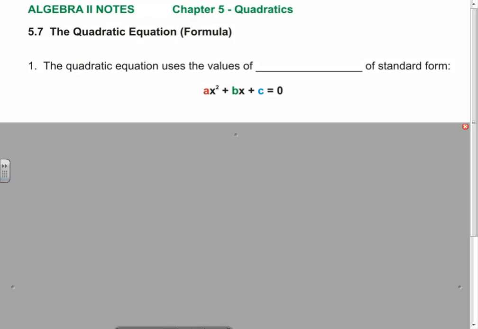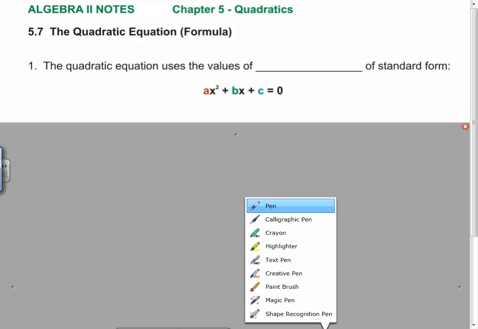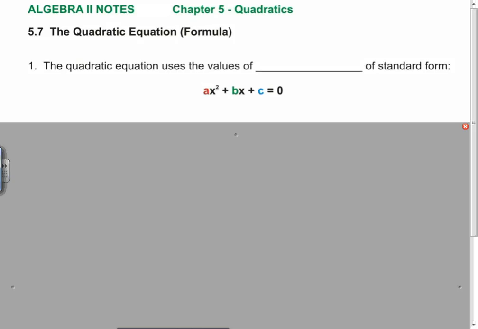All right, so how do you use the quadratic equation? Well, first off, you got to understand that it uses the value of A, the value of B, and the value of C of standard form. So it's got the letters A, B, and C in the quadratic equation. And where do you get the A from, the B from, the C from?